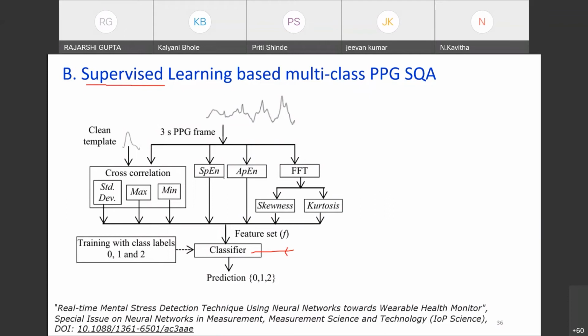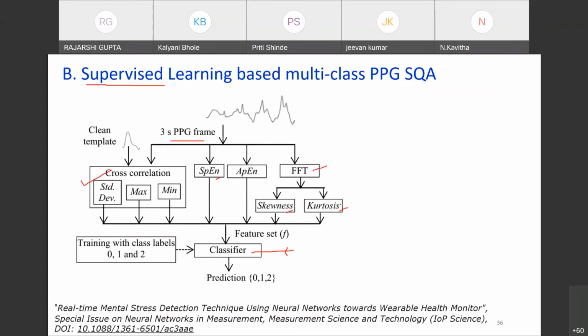Okay, so in this work we took a 3-second PPG frame and considered some statistical features like standard deviation, max, mean, and in the other domain, from the FFT, fast Fourier transform, we took skewness and kurtosis.